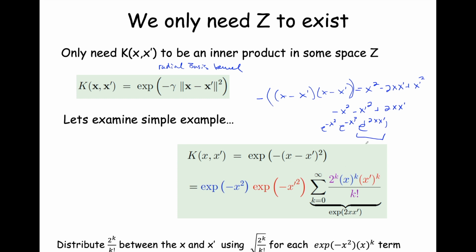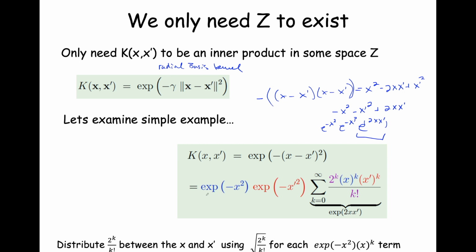So if we do this Taylor series expansion, we can write the exponent k on each one separately. So we have 2 to the k, x to the k, x prime to the k, over k factorial, sum, k goes from 0 to infinity. Now we can group these together, the x version with the x prime version.